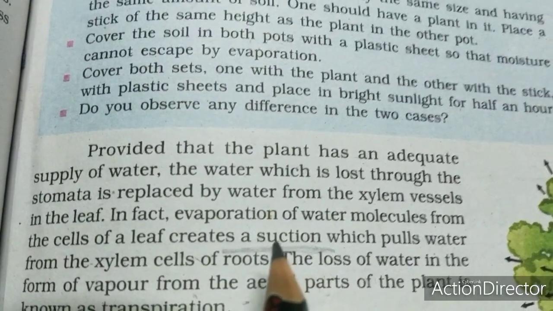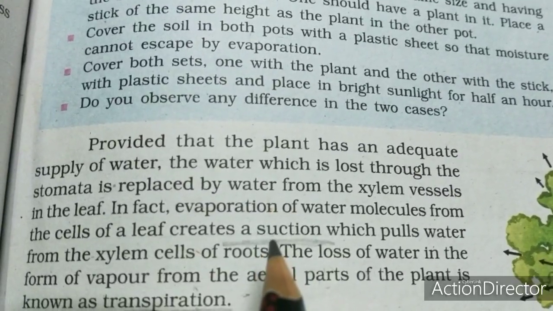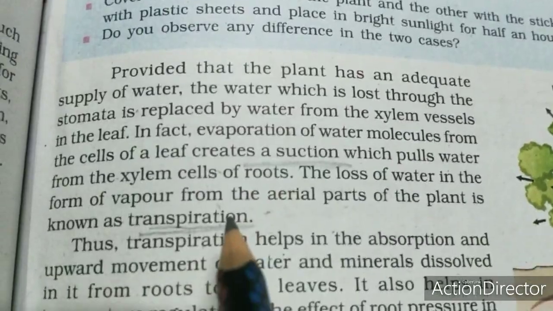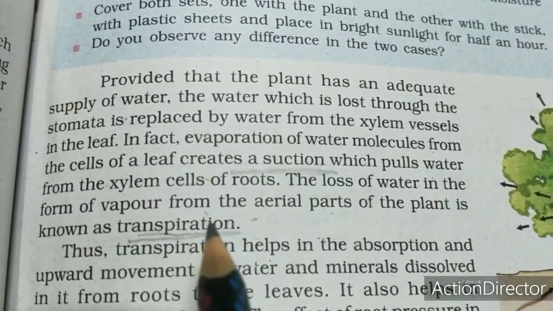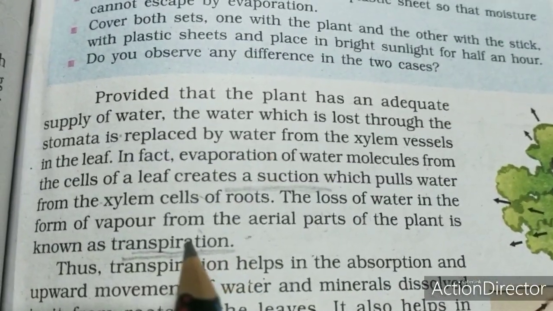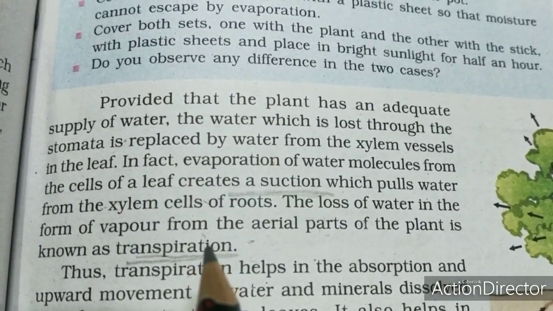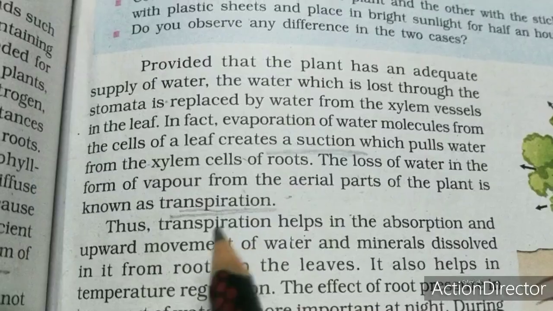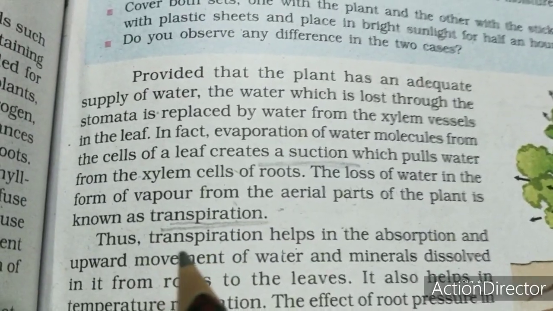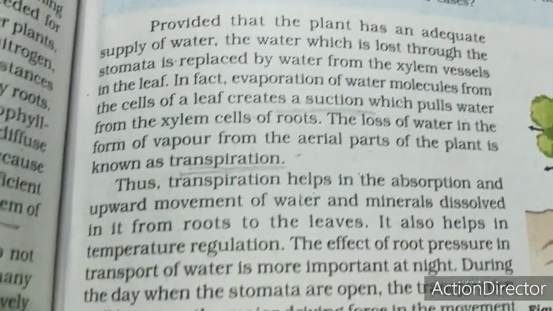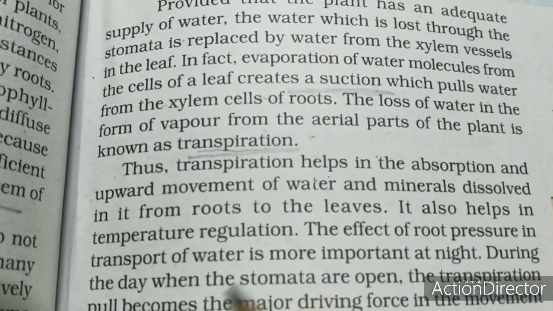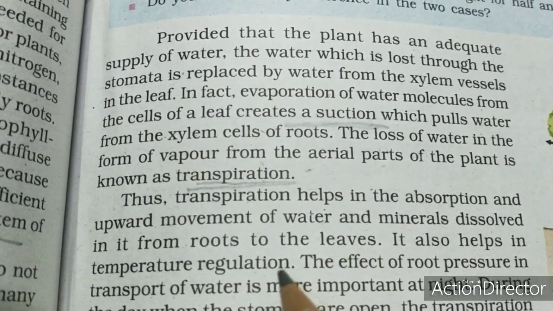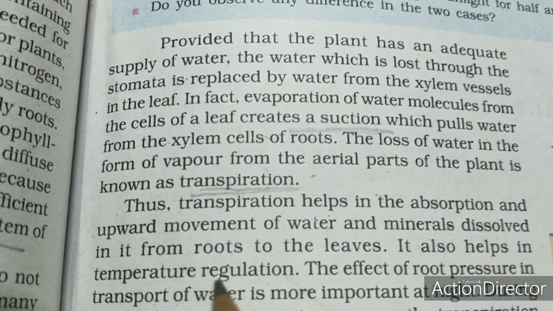So this is how the transpiration helps in the process of transport of water. And transpiration is not only helping in the movement of water from roots to all other parts of the plant body, but it also helps to maintain the temperature. It also helps in the temperature regulation of the plant. So it's one of the important concepts.